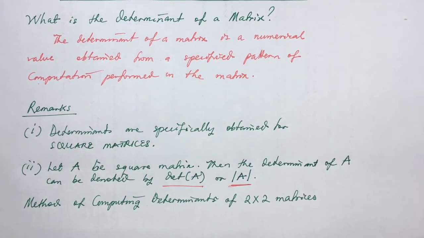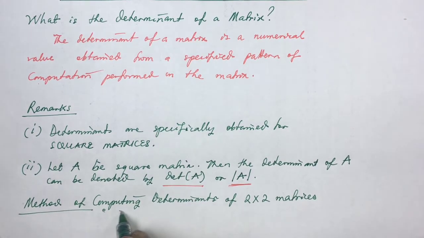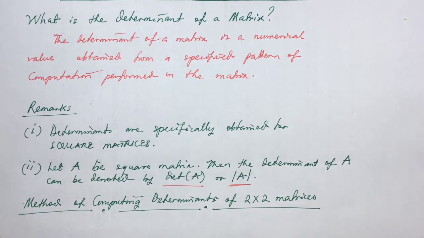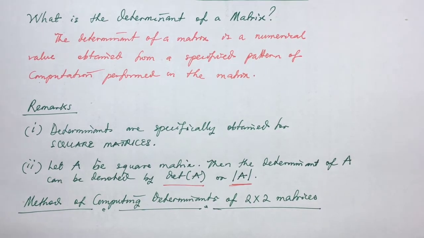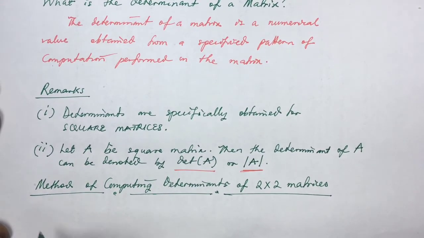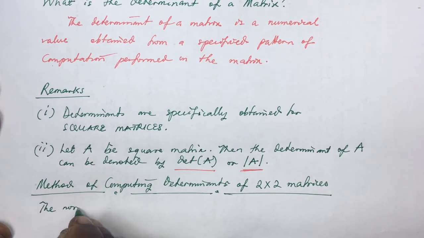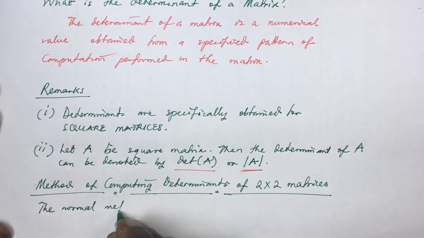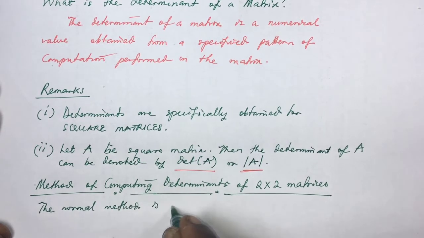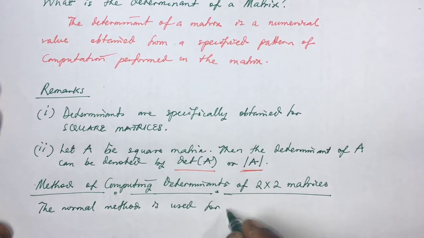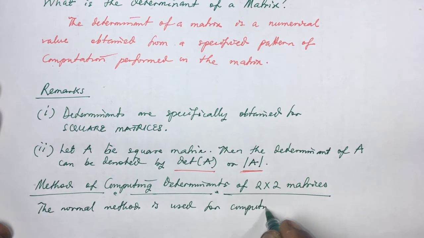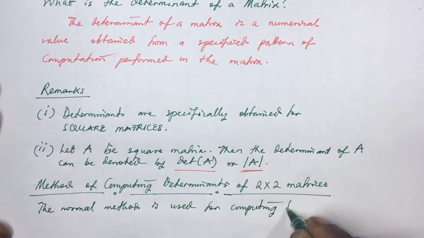Now the next thing we want to talk about is the method of computing determinants of a 2 by 2 matrix. So for a 2 by 2 matrix, there is what we call the normal method. The normal method is used for computing determinants of 2 by 2 matrices.